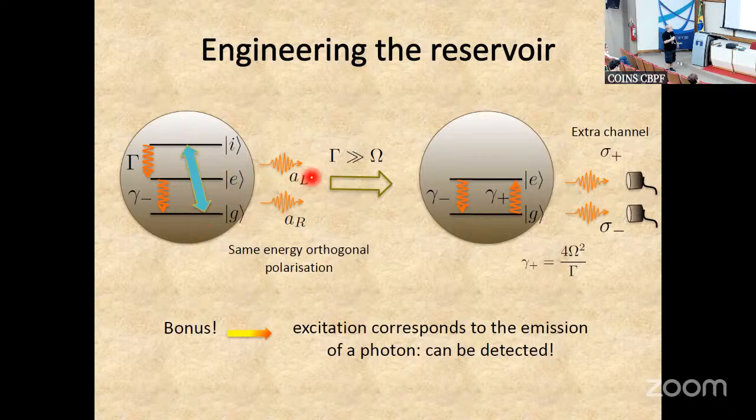If large gamma is much larger than big omega, which is the Rabi frequency here, then I can eliminate level I, and I end up with an effective thermal reservoir acting on my qubit, but one in which now I can learn both gamma minus and gamma plus.